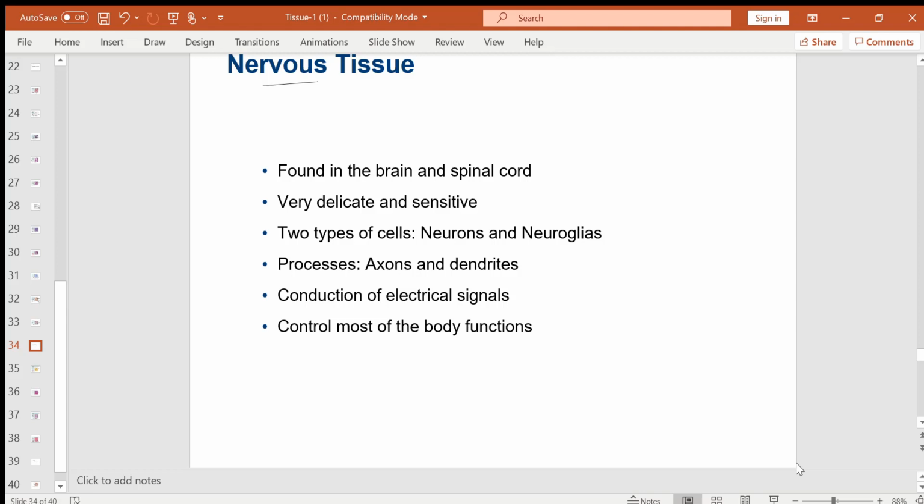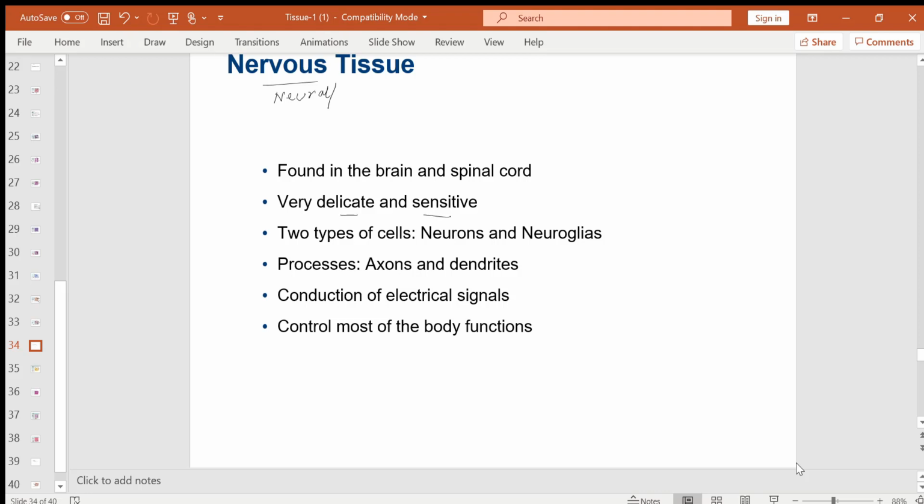You have one brain, one spinal cord, and many nerves throughout the body. Those structures are formed by the neural tissue or nervous tissue. Nervous tissue is highly sensitive and delicate.